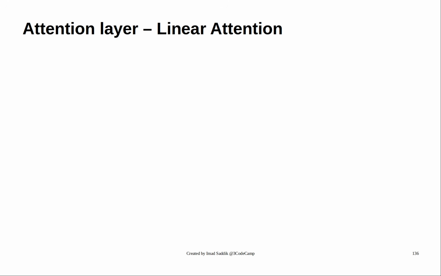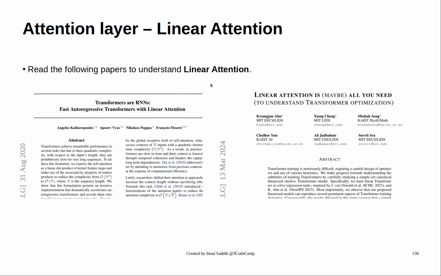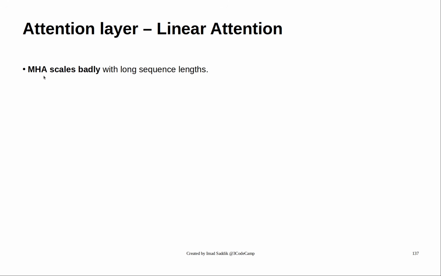Linear attention is the method that we are going to focus on now. Read the following papers if you want to understand this method deeply. Again, you can click on the images if you want to get a direct link to the papers. We know that multi-head attention scales badly with long sequences of text because of the O(n squared) complexity.